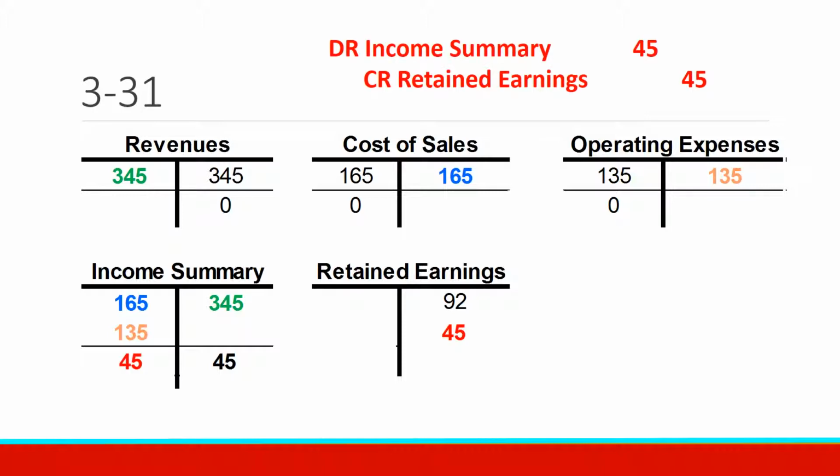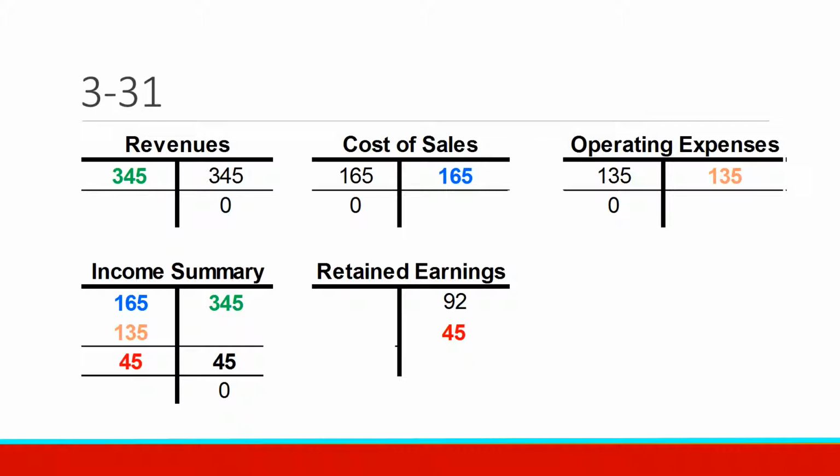We're now going to close out the Income Summary account by putting a debit into Income Summary, and the offsetting credit is going to be recorded into retained earnings. We now have a $45 debit and a $45 credit in Income Summary, so the Income Summary account, which has just existed briefly, is now at 0.